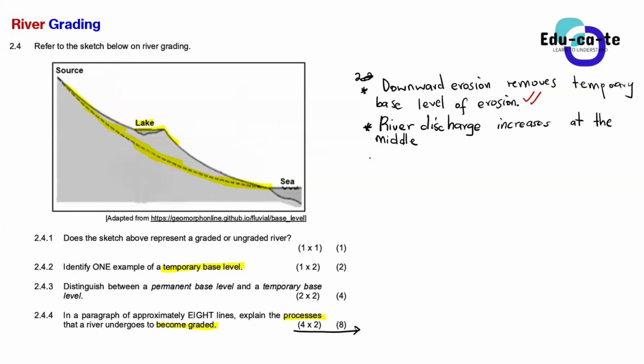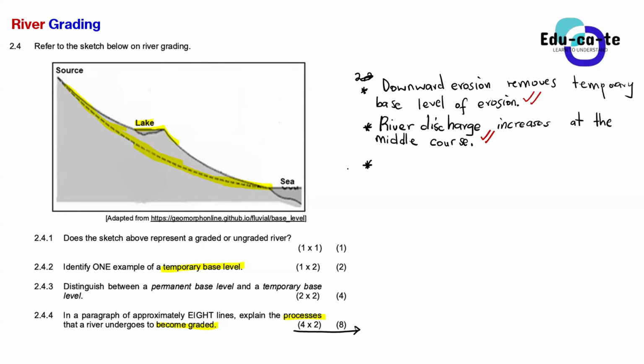When we say the river discharge is increasing, we are referring to the volume of water. If you just say stream flow, it gives an idea that you are focused on how the water is flowing, whether laminar or turbulent. So safer to talk about the volume of water, or the river discharge.